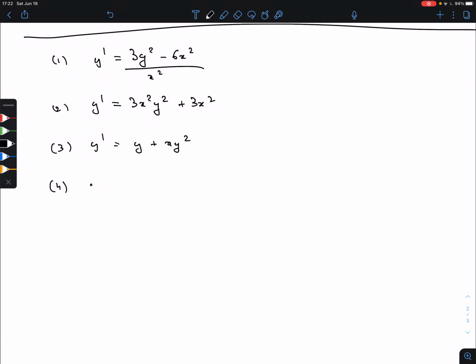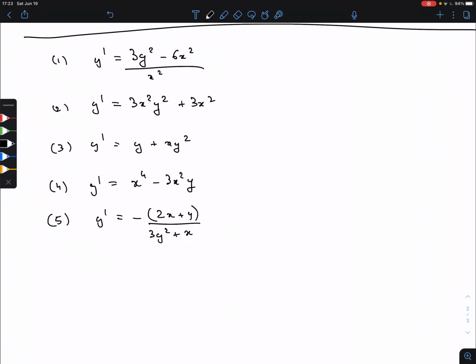Sorry, y prime is equal to x to the 4th minus 3x squared y, and the 5th one is y prime is equal to minus 2x plus y divided by 3y squared plus x. Okay, I kept them in some sense simple. Since I write them all in the same way, it's not easy to recognize what they are, right?